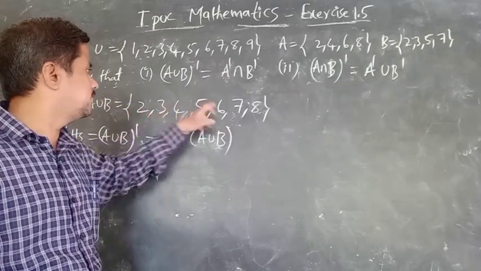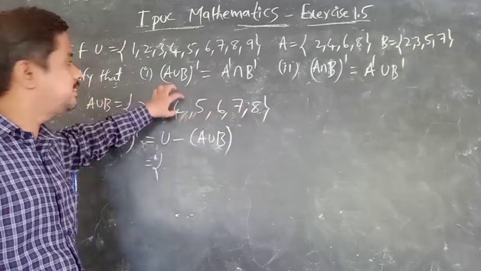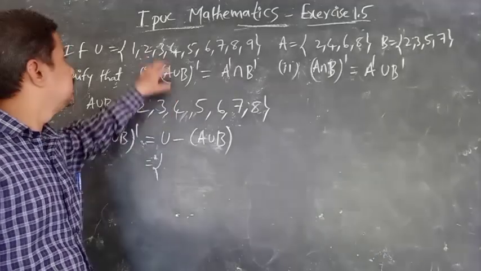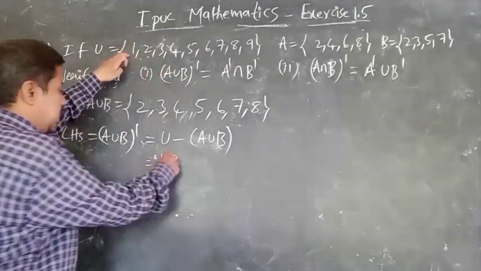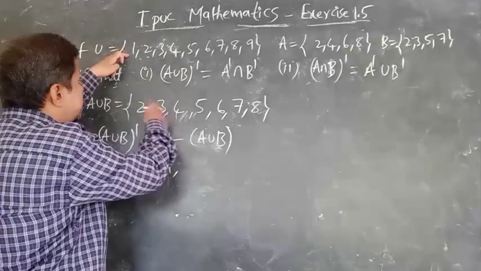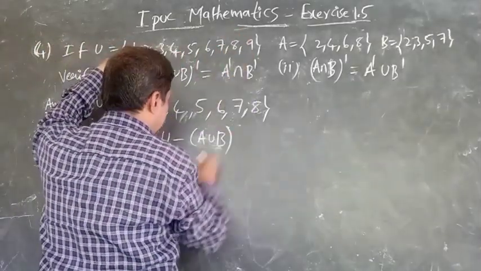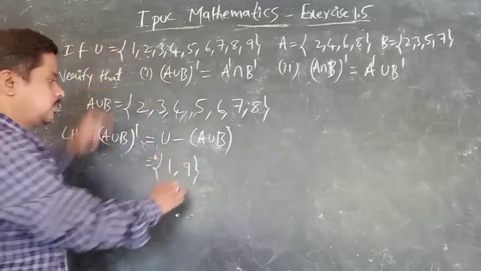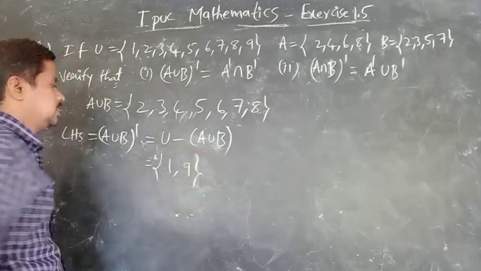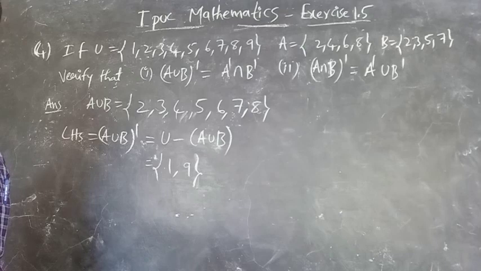So eliminate these elements from U. Write down 1, eliminate 2, 3, 4, 5, 6, 7, 8 up to 8, and write down 9. So this is the answer for the LHS: {1, 9}.